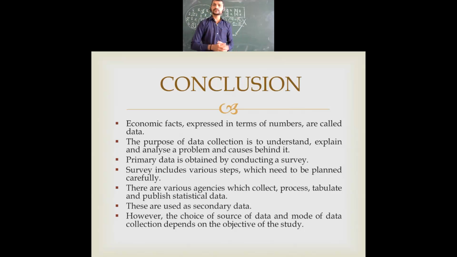Then choices of sources of data, how we collect the sources of data, then modes of collecting data, what the modes are: personal interview, we saw the telephone interview, we saw the mailing questionnaire, on the basis of the objectives of your study. This is the conclusion part. Then we are ending here with this chapter. That's it.